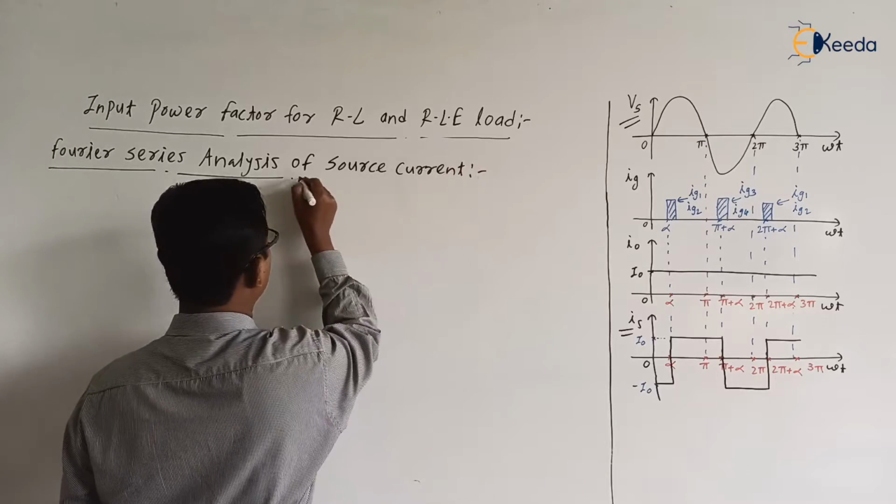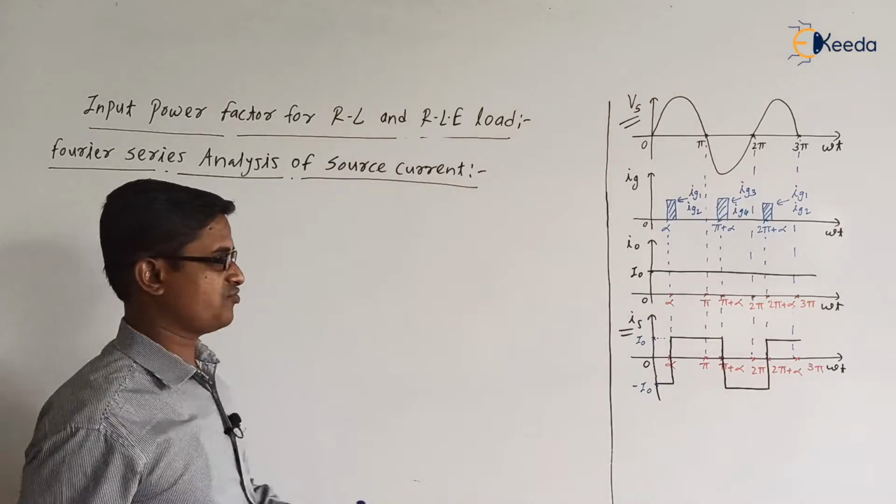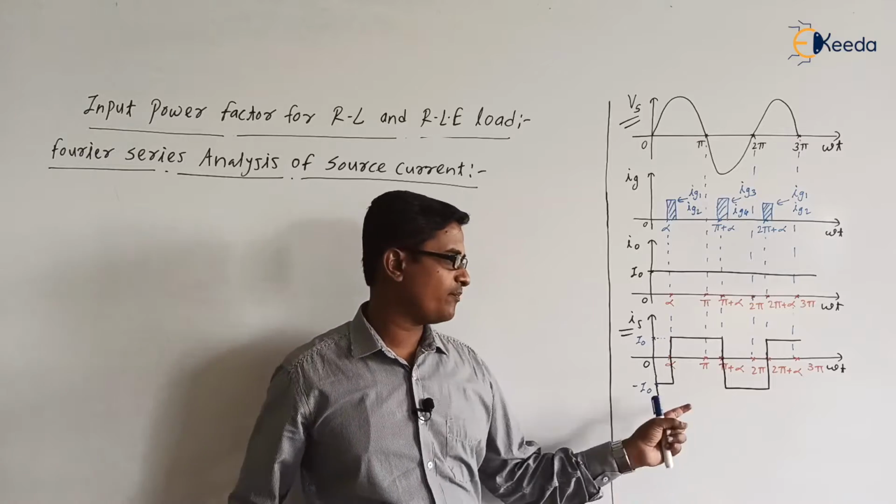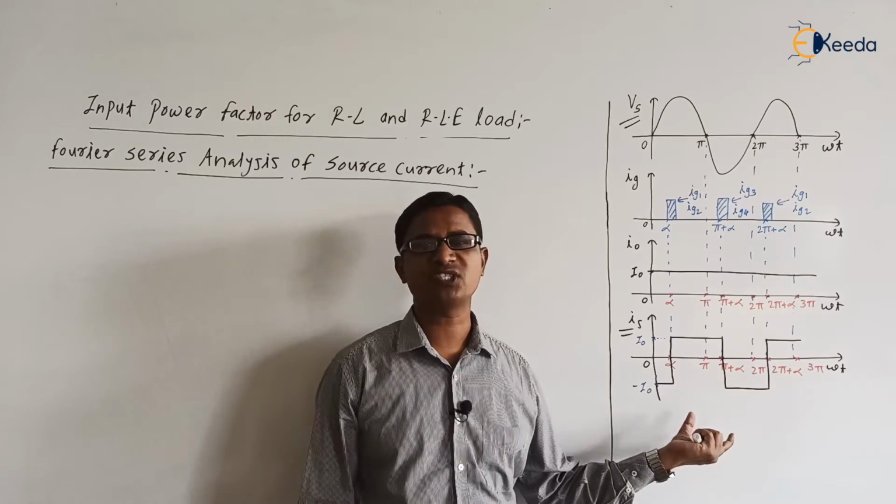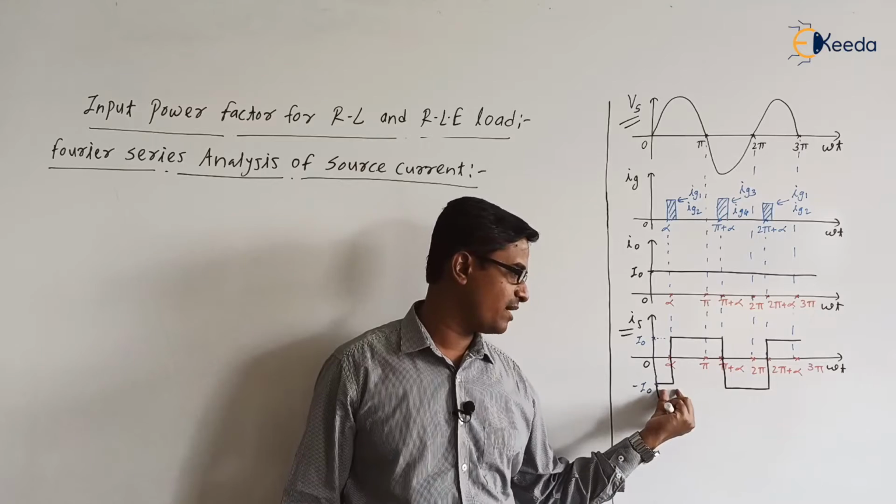Here, for the source current we have this waveform, which is a square wave. It is shifted by an angle alpha.